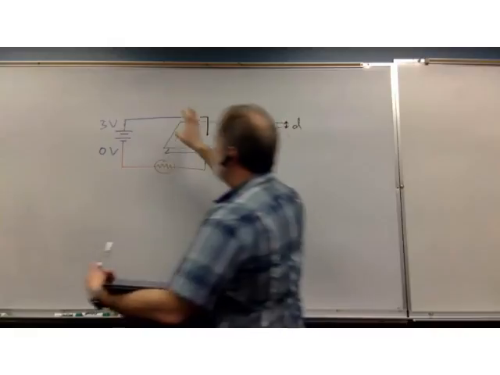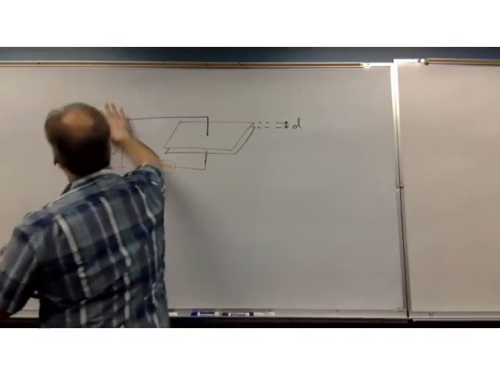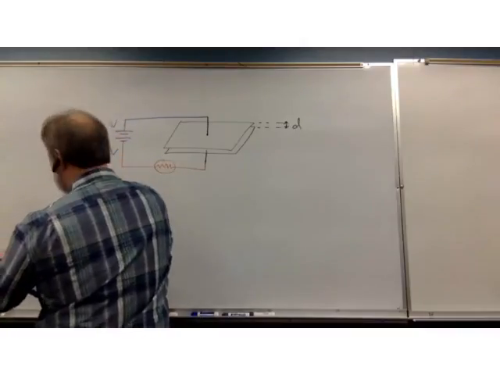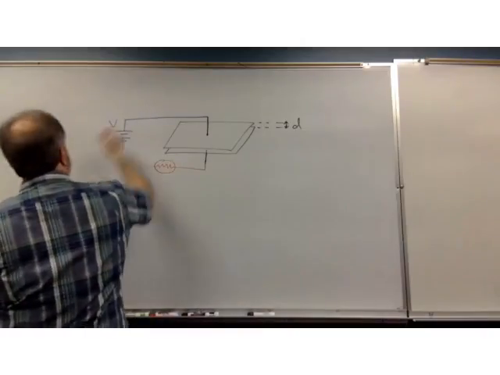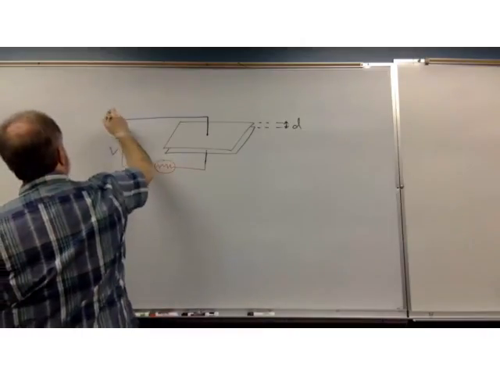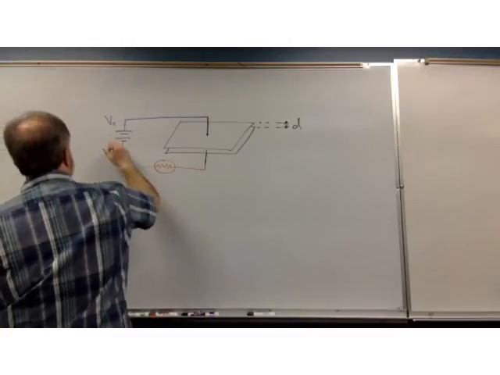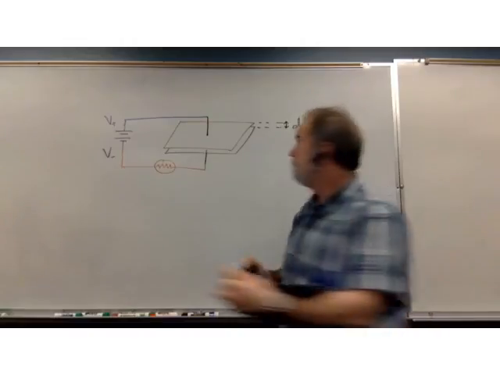So having placed the battery as I did here, I want to do this with general symbols. Let me refer to the potential at the positive end of the battery as V sub positive, and down here I'll call this V sub negative for the potential at the negative end of the battery.